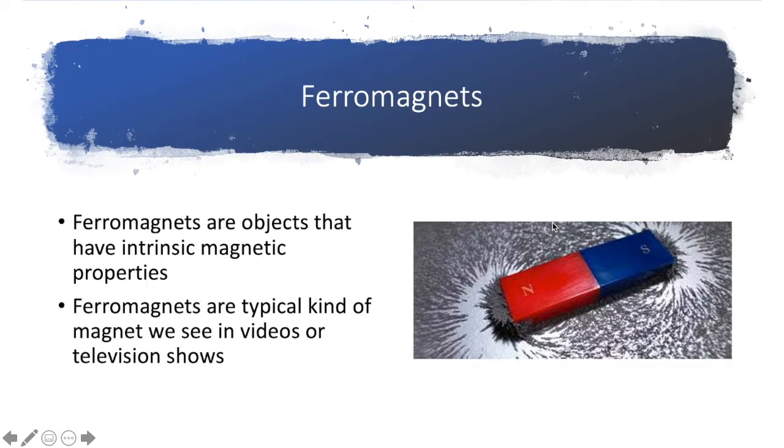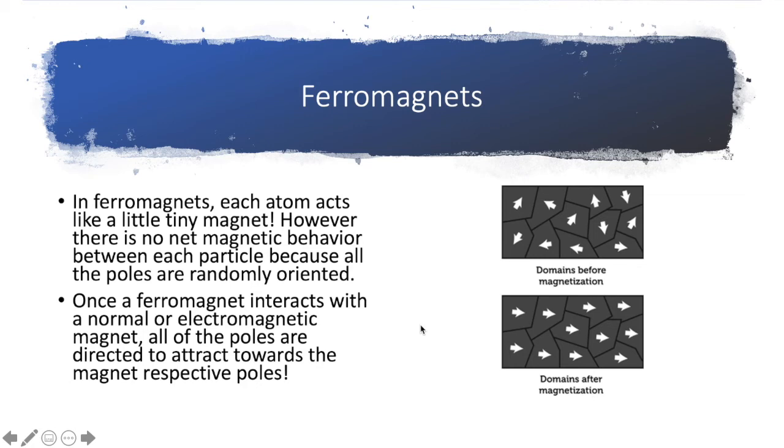So to dive into ferromagnets here, these are just your typical kind of magnets you think about when you think about magnets. And the clear definition here is ferromagnets are objects that have intrinsic magnetic properties. For example, the root of ferro actually means iron. So iron is one of those objects that has intrinsic magnetic properties. And here's an example. The interesting thing about ferromagnets is each atom inside a ferromagnet acts like a little tiny magnet itself.